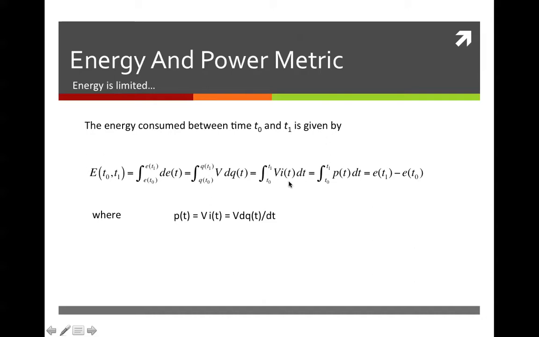That becomes the integral of V I(t) dt, because that's how dQ/dt is expressed. So I(t) is equal to dQ over dt. Therefore, dQ(t) is equal to I(t) times dt. So now we have a power P(t), and that's really the formula for the energy computation from t0 to t1.